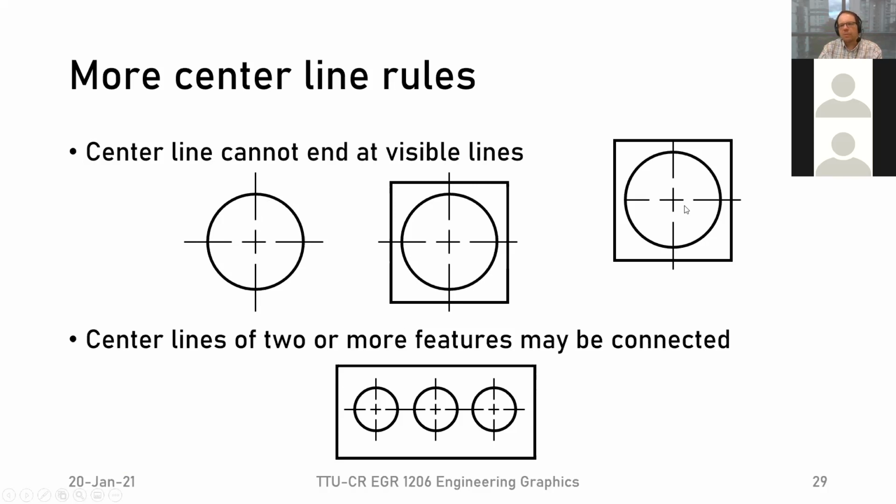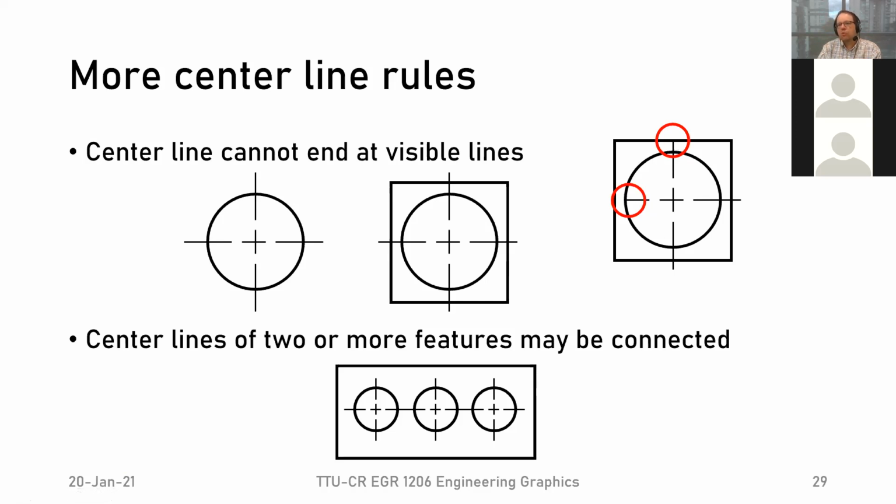And here we have a couple things that are not right. So like this center line from here, for instance, ends too early, right? It shouldn't end at a visible line. The dash on the red point, and the same up here. So this is good because it goes beyond the circle that is the main feature, but it still ends at a visible line.